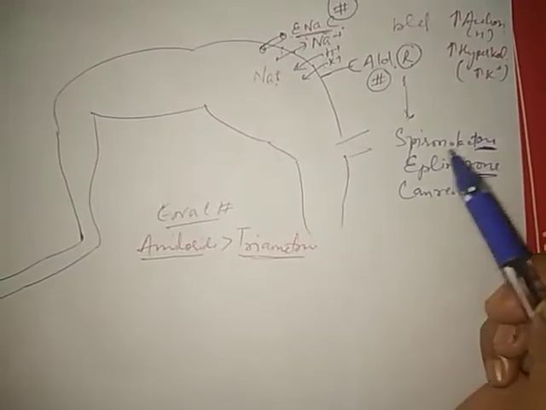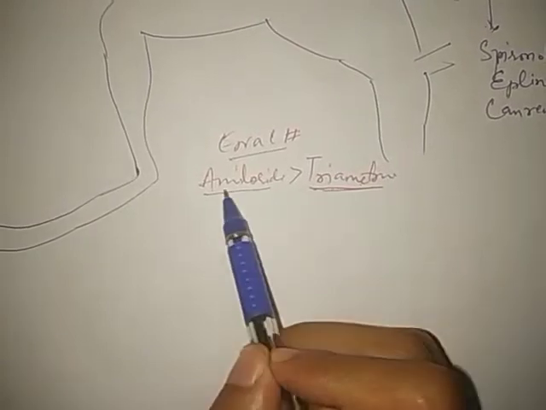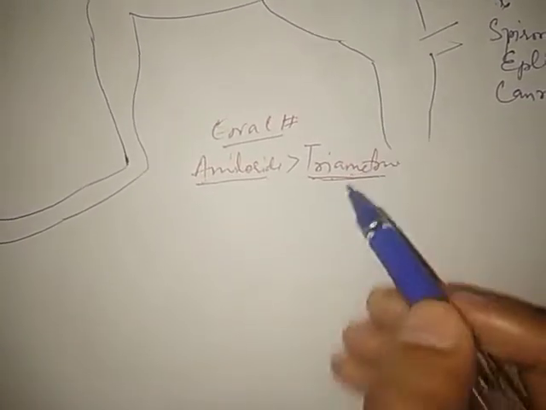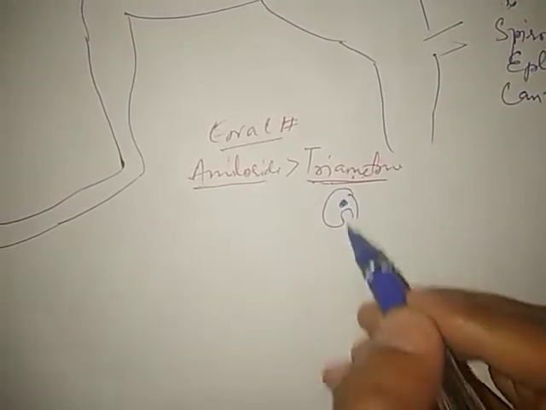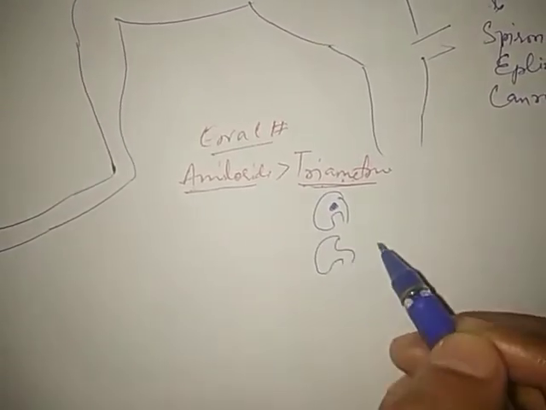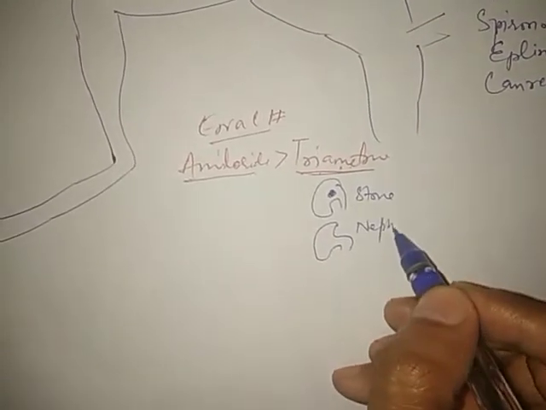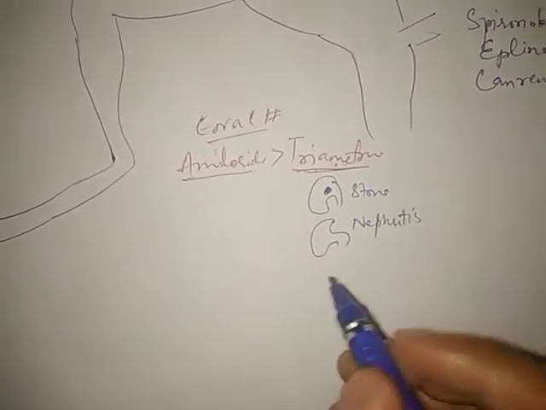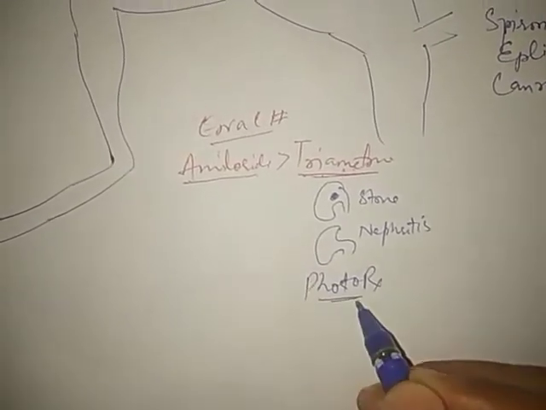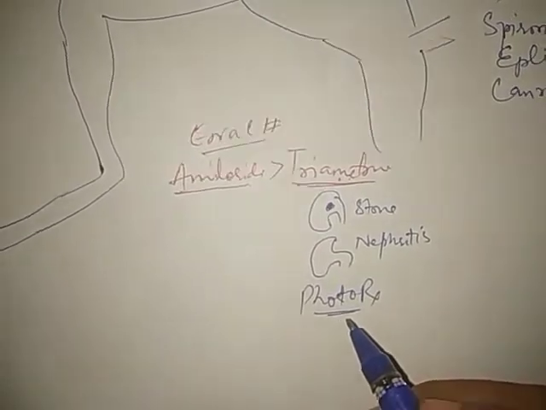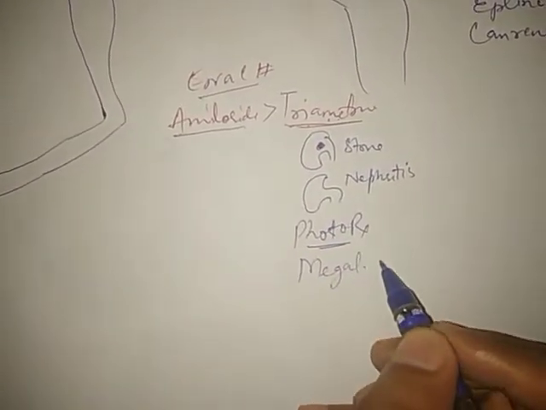Okay, so let's study amiloride and triamterene. Amiloride is better than triamterene. Why? Because triamterene has side effects: it causes kidney stone formation, it causes interstitial nephritis. Okay, it also causes photosensitive reactions, and it also causes megaloblastic anemia.